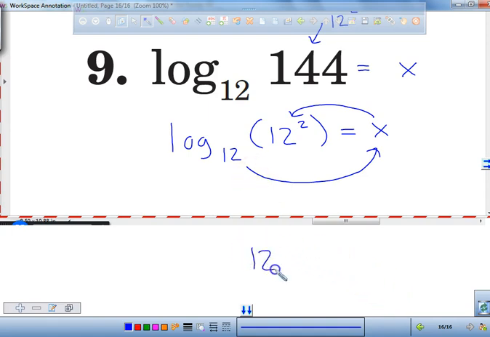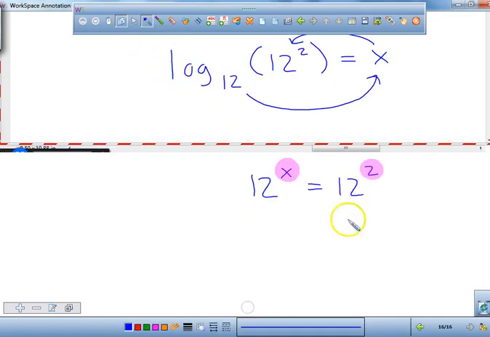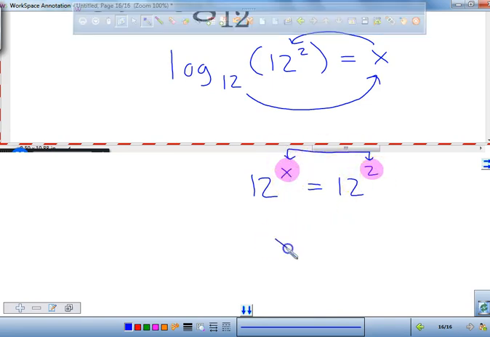So I'm going to say 12 to what power? 12 to the power of x equals, very good, 12 to the power of 2. And voila. What does x have to equal without even using a calculator? 2. See right here? That's your answer. x has to be 2.